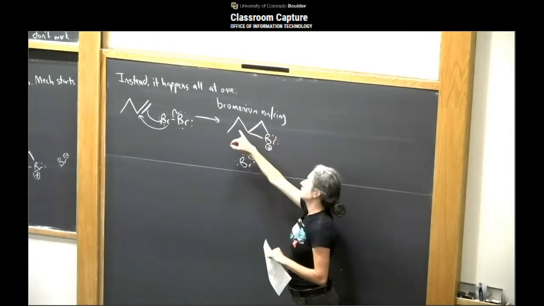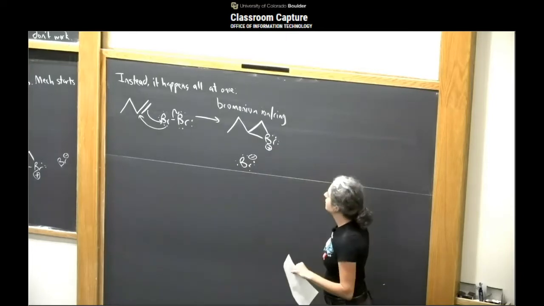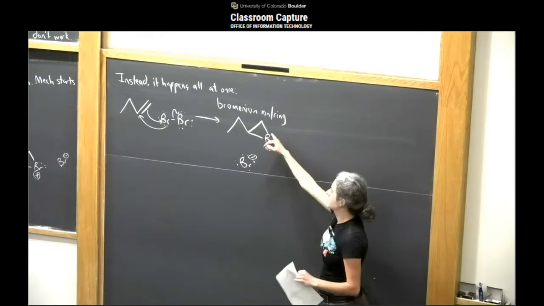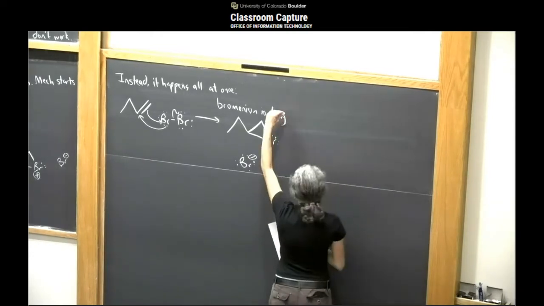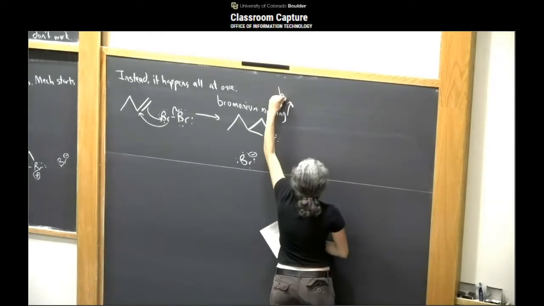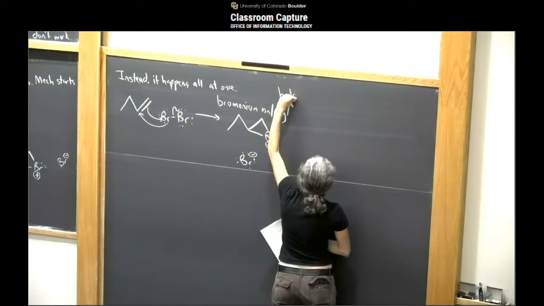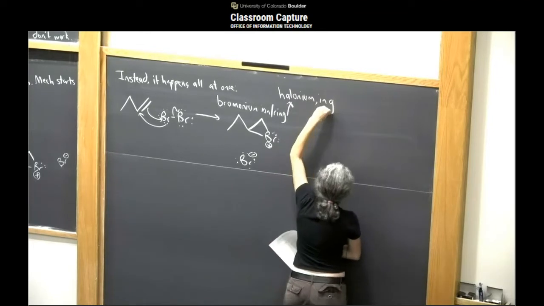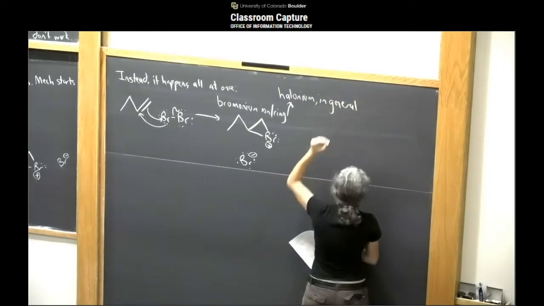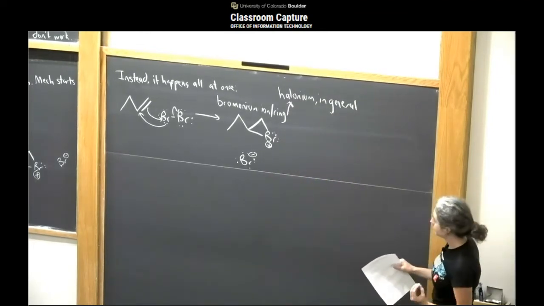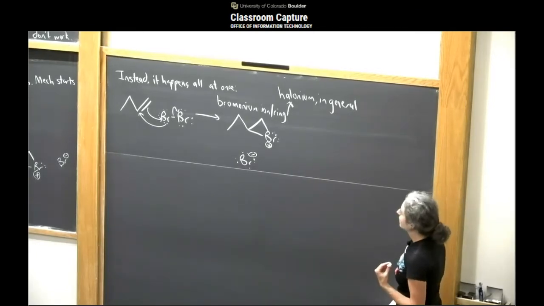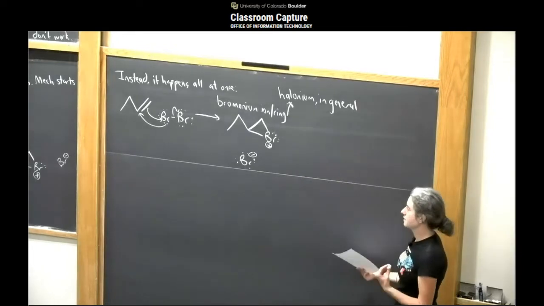If it's bromine, it's bromonium. If it's chlorine, it's chloronium, I guess. But the more general form is a halonium for whatever halogen. So halonium in general. But since bromine is the halogen I'll use at least three quarters of the time for this, I'll probably just call it the bromonium ring.